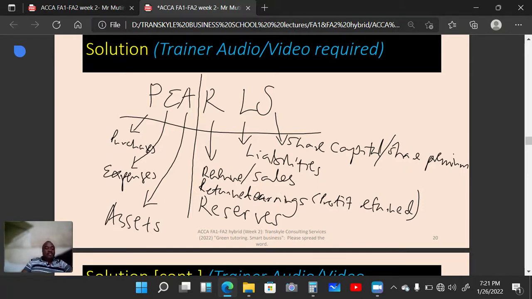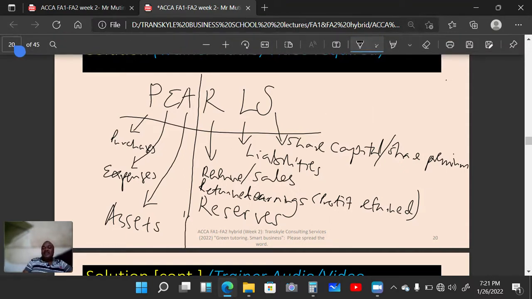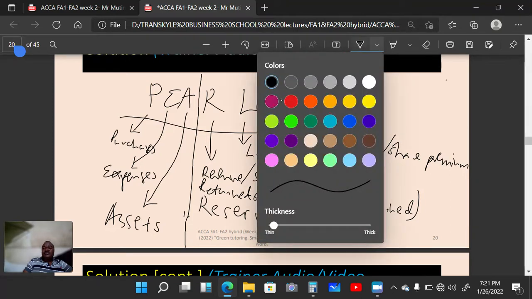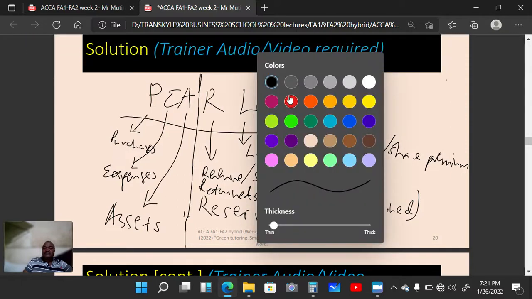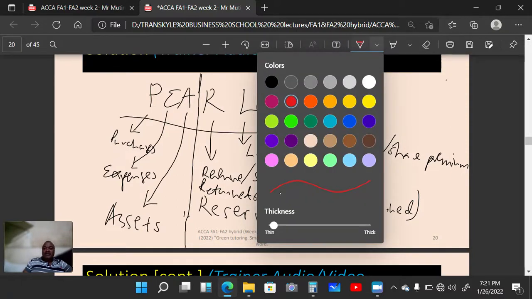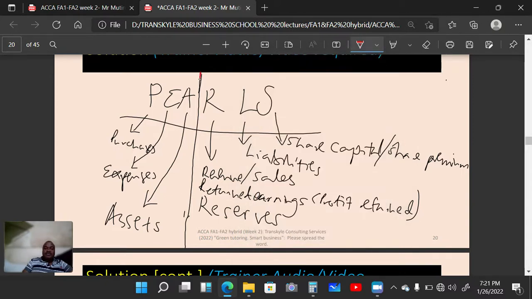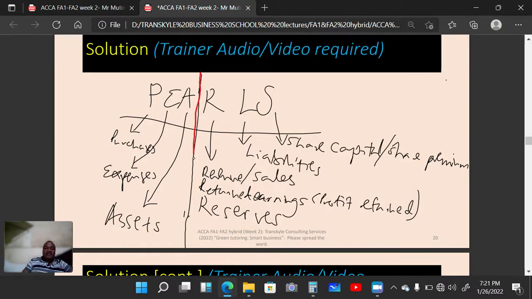All right. So what happens here is, this is the demarcation line. Let me draw this demarcation in red, and the thickness should be louder.